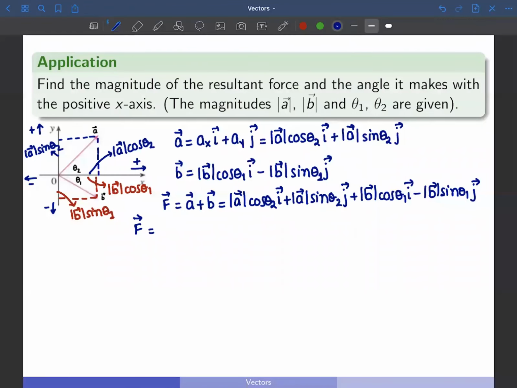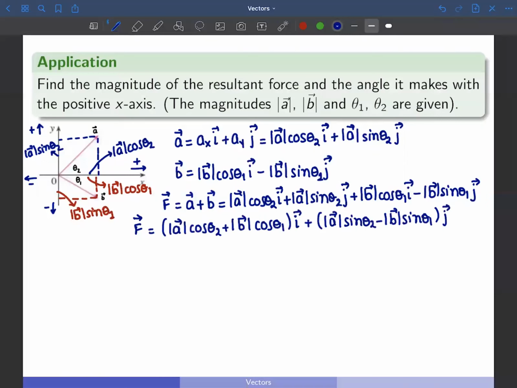And if we combine the i and j components, we'll have that the resultant force F capital is equal to the magnitude of the vector A cosine θ2 plus the magnitude of vector B times cosine θ1, times vector i, plus the magnitude of vector A times sine θ2 minus the magnitude of vector B times sine θ1, times the vector j.